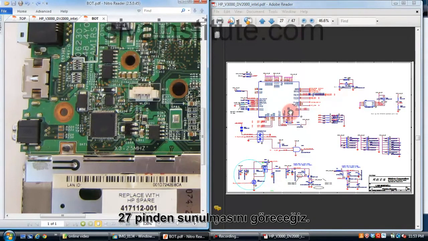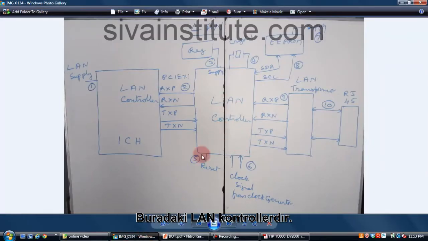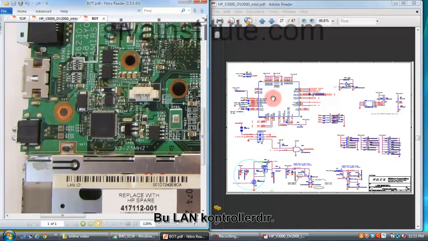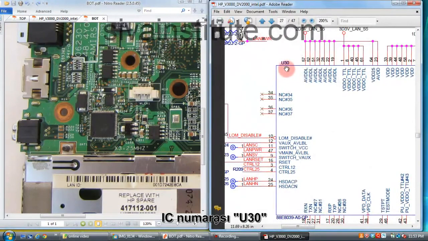See page number 27. This is page number 27. This is the LAN controller. Now we will see IC number U30. See here, U30, this is the LAN controller.